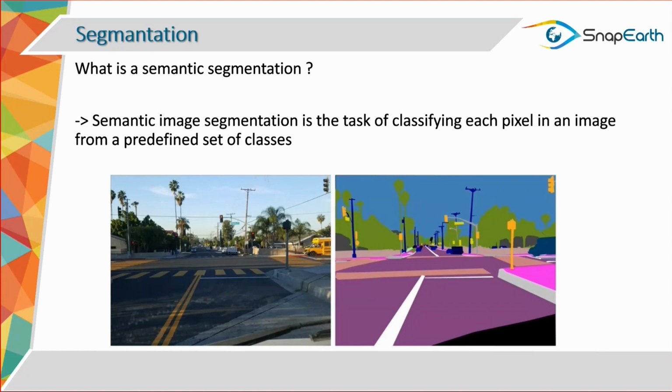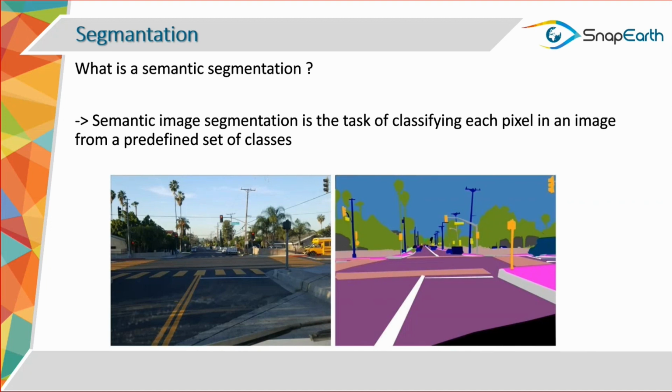So here I take an example with two pictures. On the left, you can see the original picture of a road with a pedestrian, traffic lights, cars, which could be different classes.